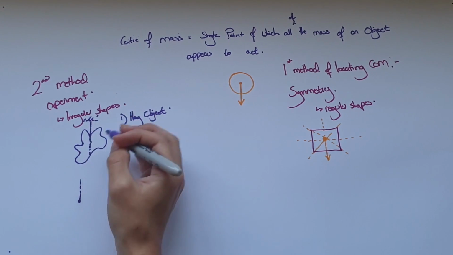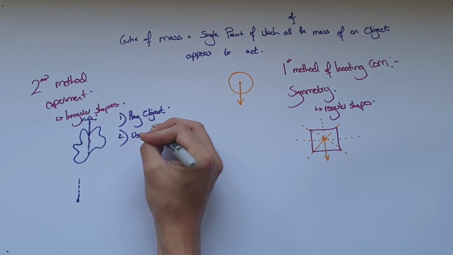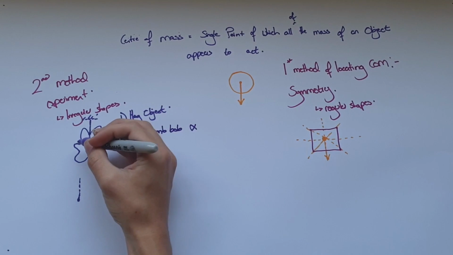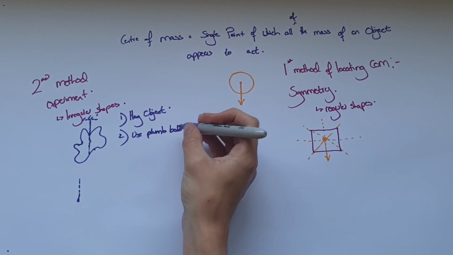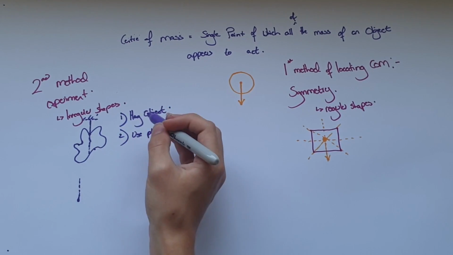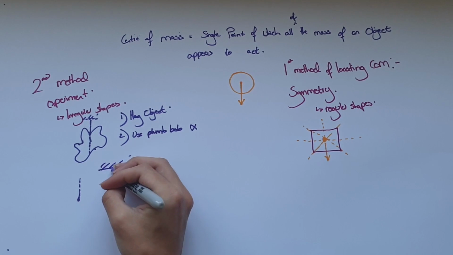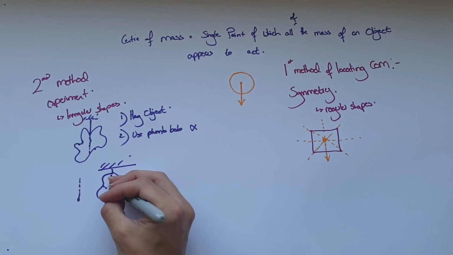Now, once you've done this, you just repeat the steps and hang it from a different point, so here or here, and draw another line. It's going to look different, but say you're hanging it from this point here, then you use another one.